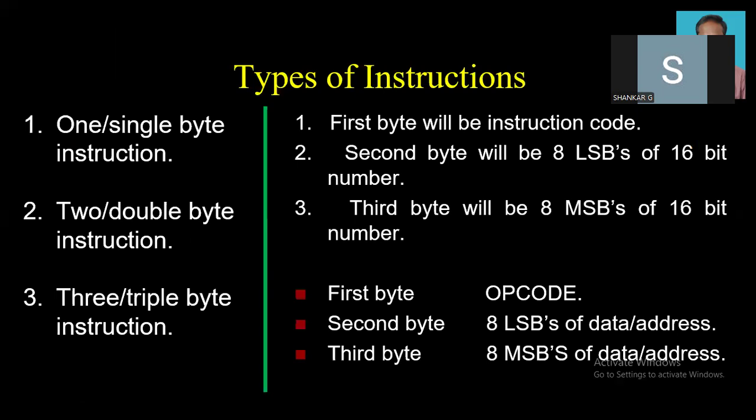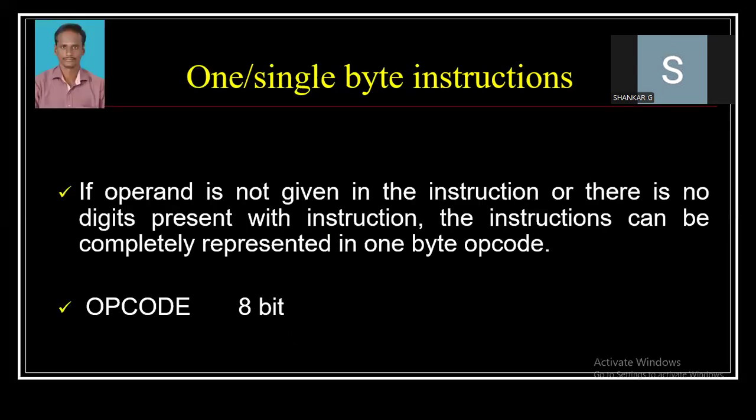In the three-byte instruction, the first byte will be the instruction code, the second byte will be the 8 LSBs of a 16-bit number, and the third byte will be the 8 MSBs of the 16-bit number. So always the first byte will be the opcode, the second byte will be the 8 LSBs of the 16-bit data or address, and the third byte will be the 8 MSBs of the 16-bit data or address.